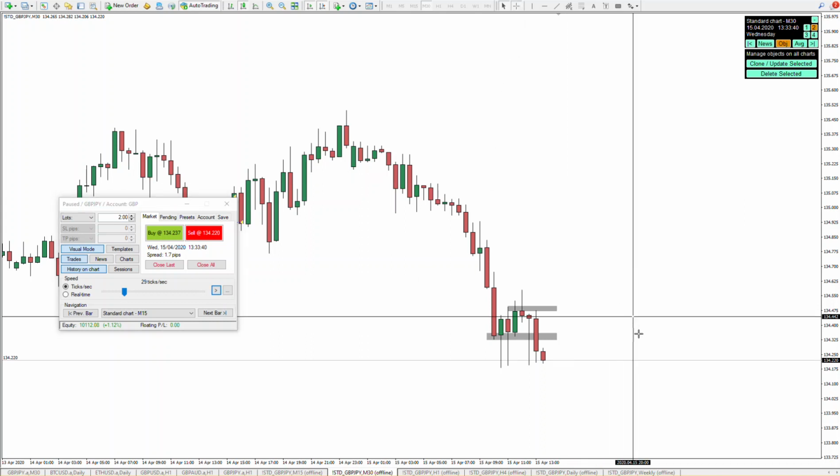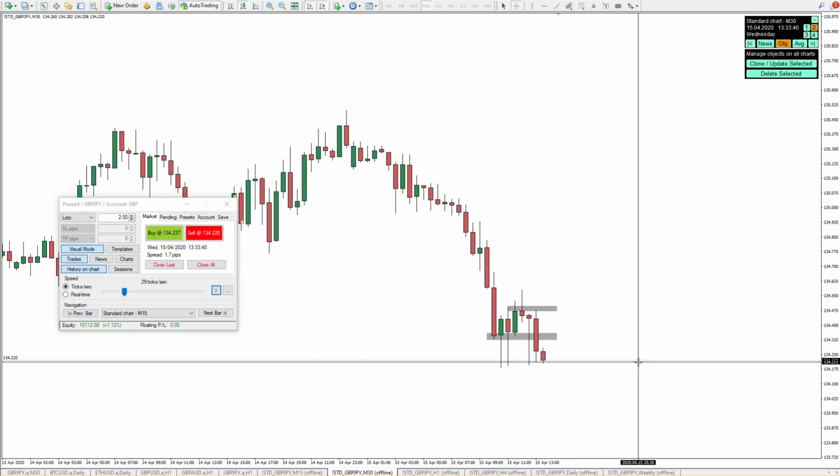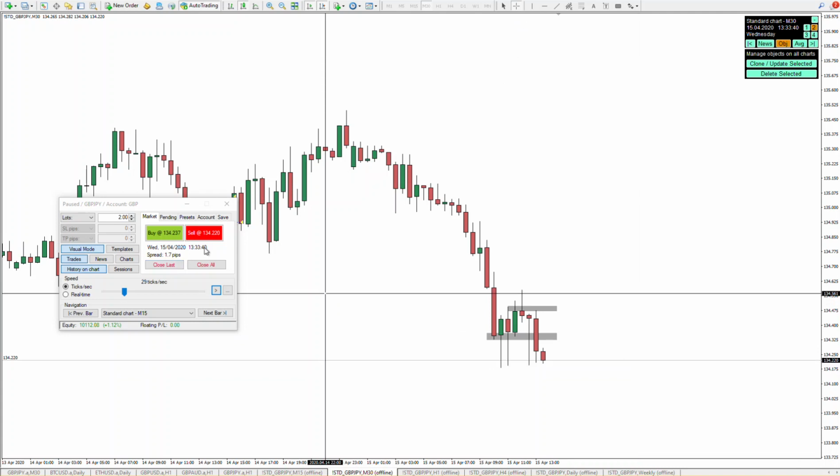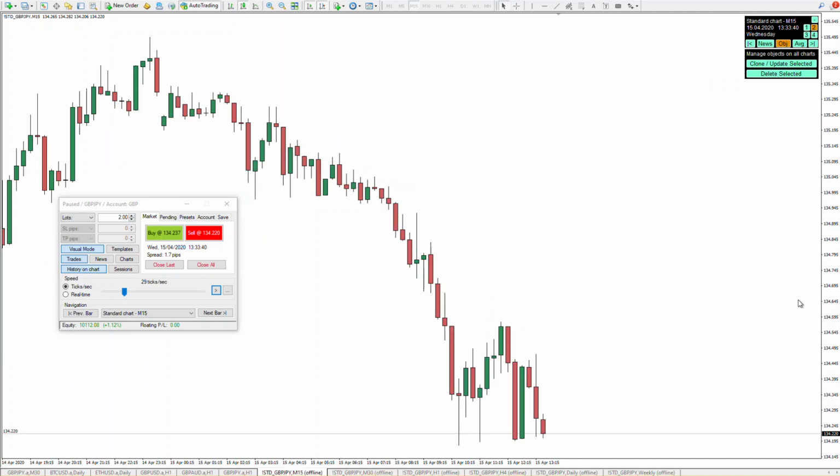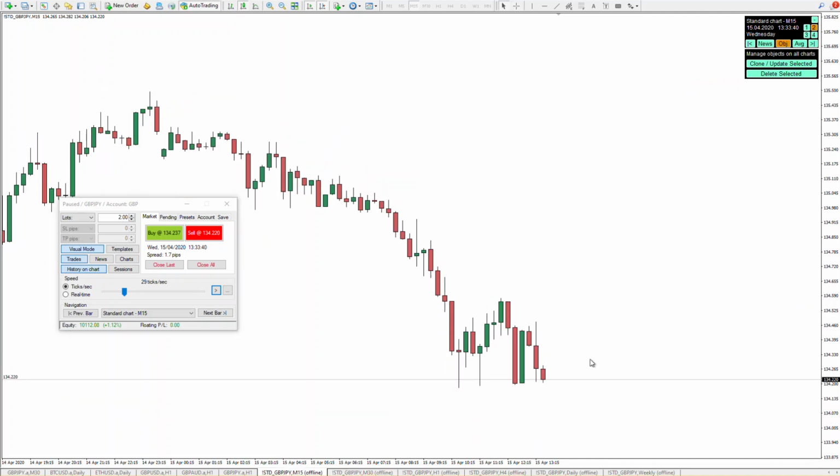We already broke the low of the previous candle, so that's quite interesting to sell. We only passed 3 minutes. I don't want to lose this trade. M15, resistance, lower resistance.